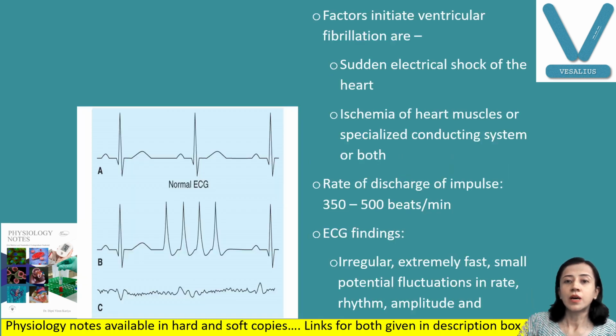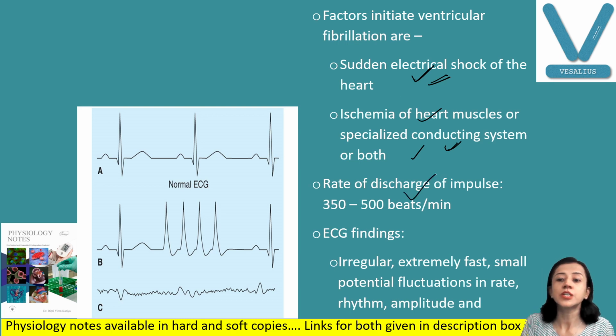Fibrillation is initiated by various factors, like if the person has a sudden electric shock, and that results in ventricular fibrillation. Ischemia of the heart muscle, especially the conducting system, or both, also produces ventricular fibrillation.